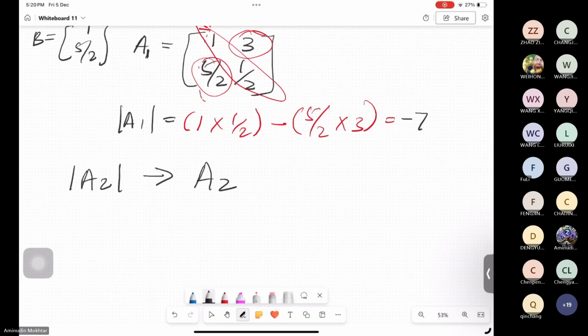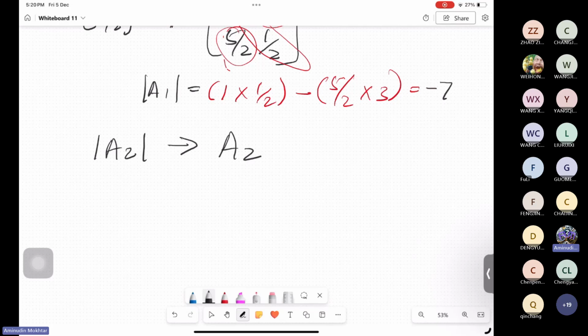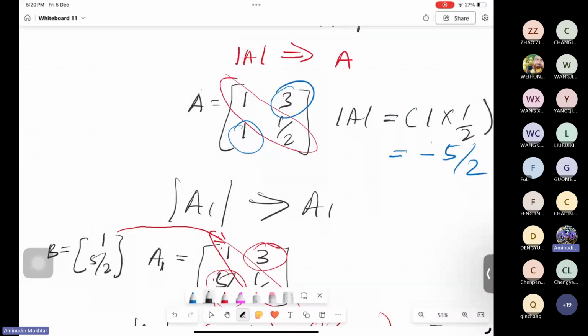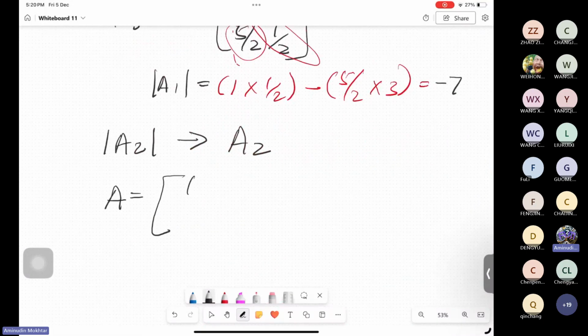Matrix A2, again, is the same as matrix A1. A2 comes from A. What is matrix A? Matrix A equals 1, 3, and 1, 1 over 2.